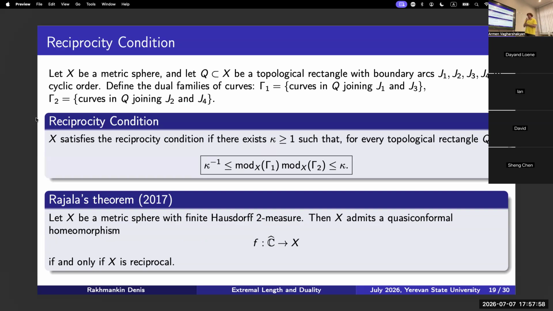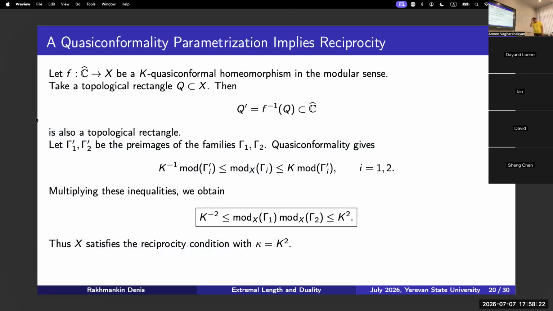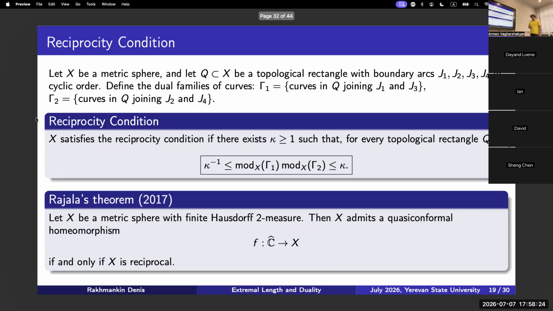It says that if we have a metric sphere X with finite Hausdorff measure, then X has a quasi-conformal parameterization if and only if X has that property. That's also a generalization of the uniformization theorem.